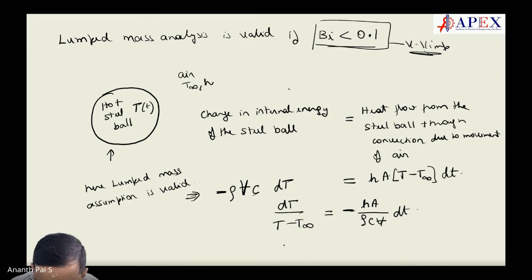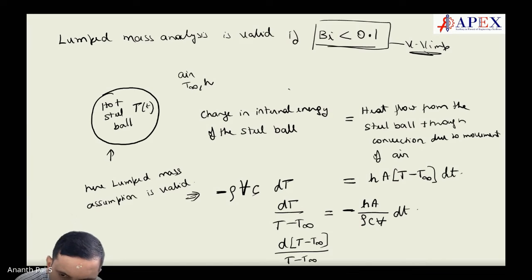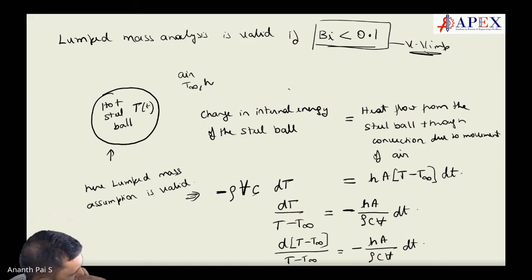Or I can say d of (T minus T infinity) divided by (T minus T infinity) is equal to minus hA divided by rho C volume dt. Makes sense? Simple. I can write it like that, is it not? Just think about it.